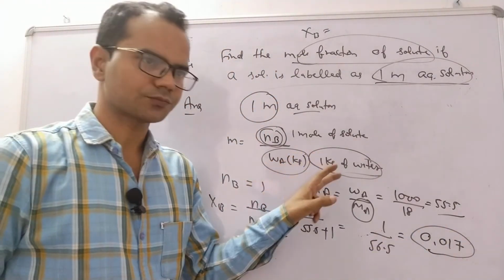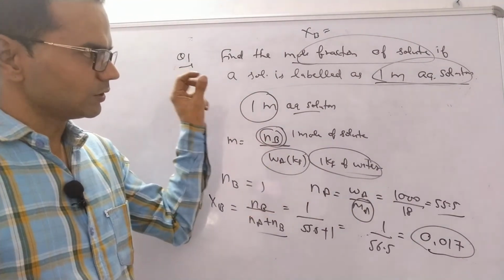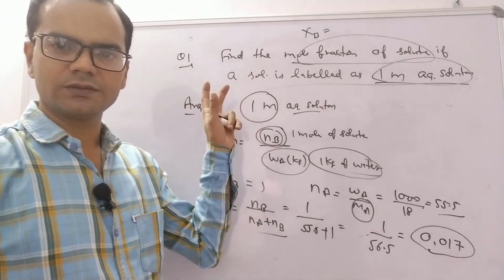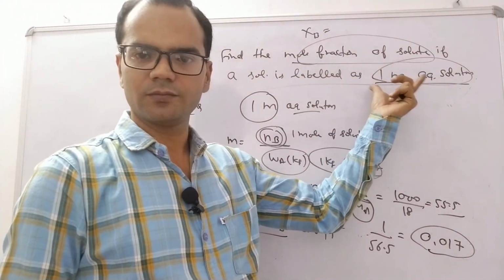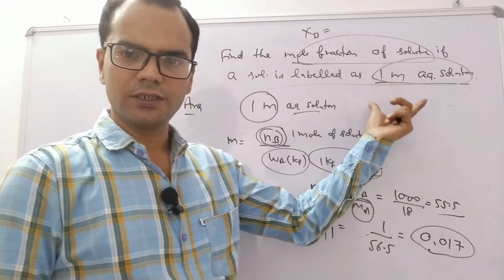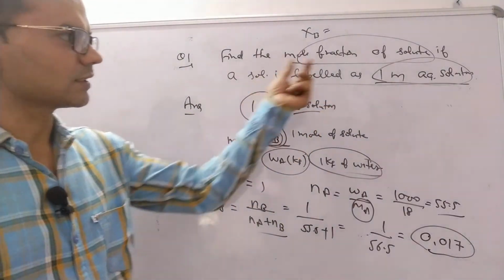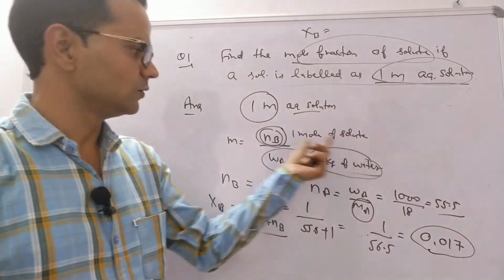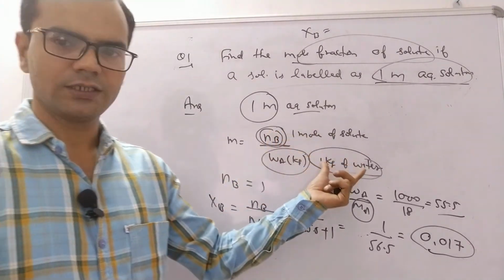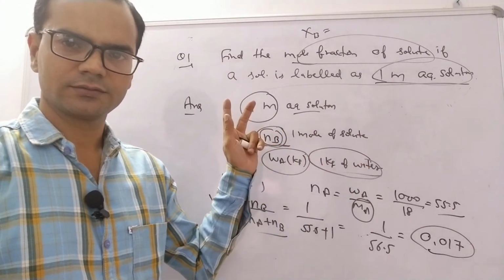Clear? This is the question asked in NEET exam also. The statement was only 1 molar aqueous solution. Just understand this represents 1 mole of solute present in 1 kg of water. Clear?